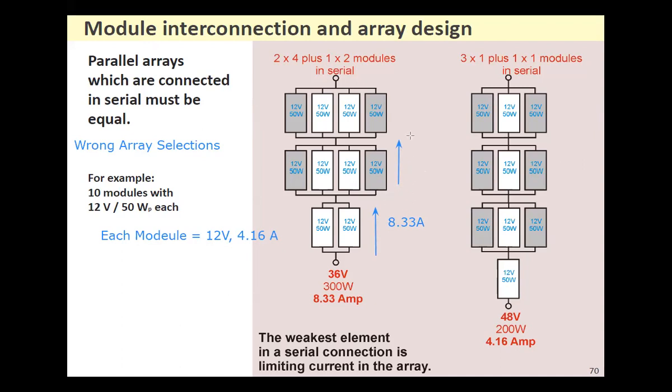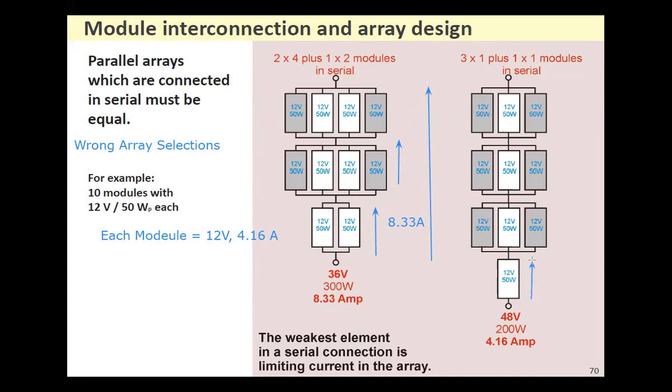Now what will be the current through this row? The current through this row is 8.33 ampere. The current through this row will also be 8.33 ampere, because in series the current remains the same.